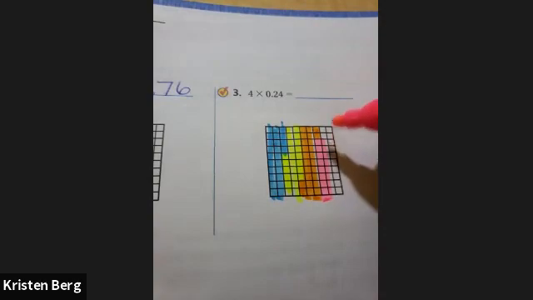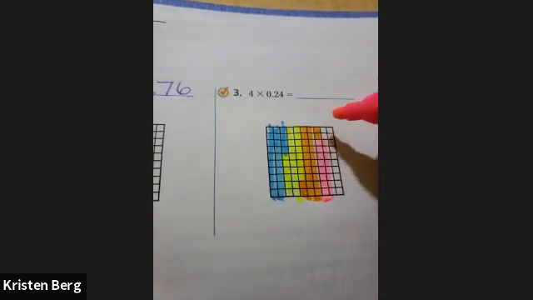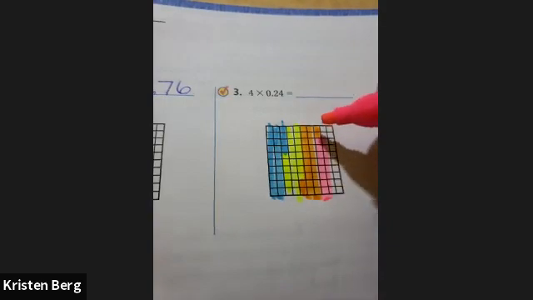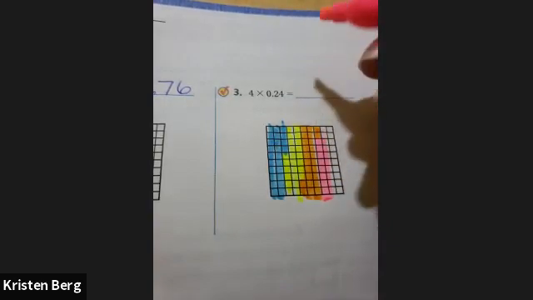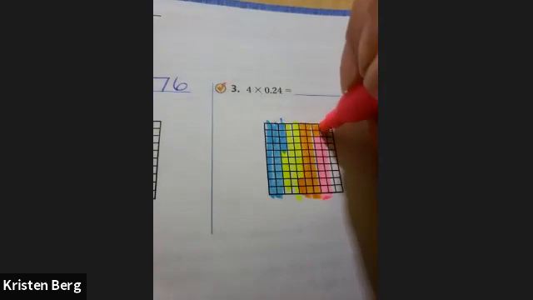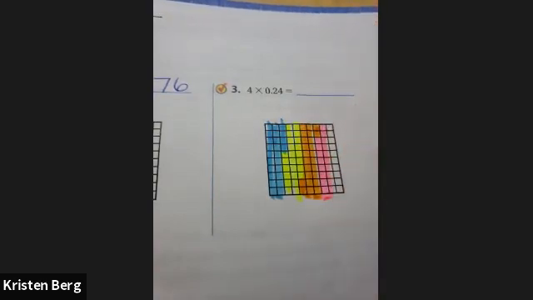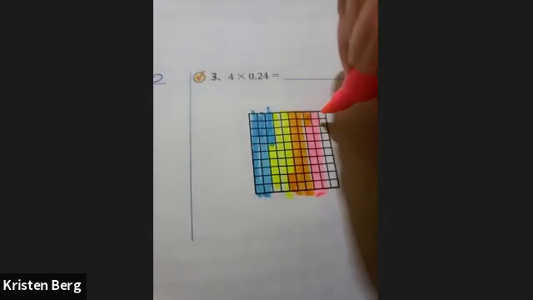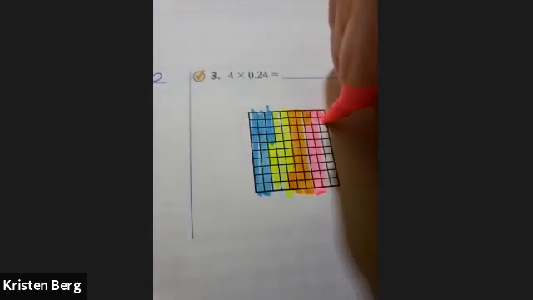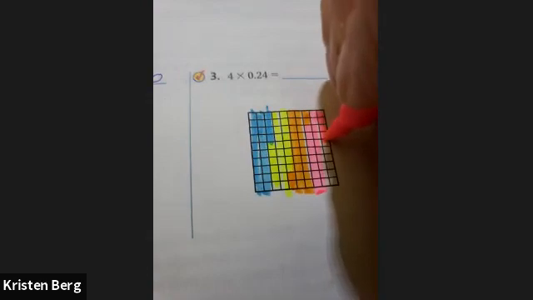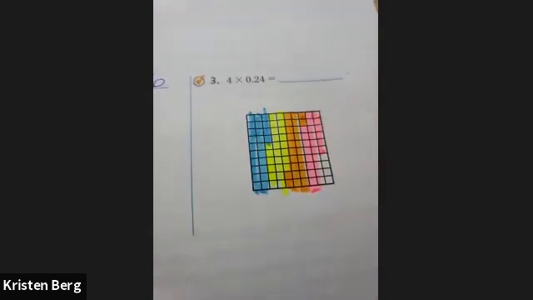Oops, 8. I messed up. I shouldn't have made that big. So 8. Oh, good. It works out because 8 plus 10 more is only 18. So we're good. 18, 19, 20, 21, 22, 23, 24.